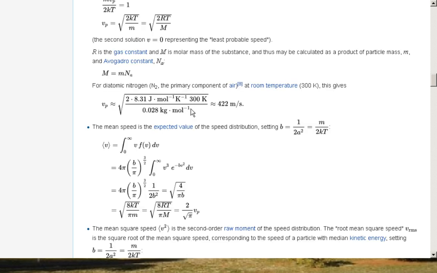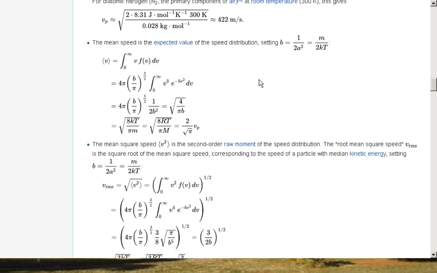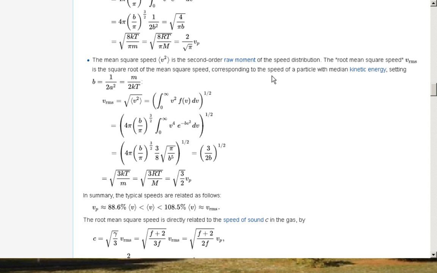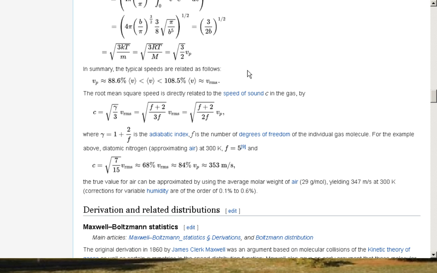See, again, they're talking about gas. That's kinetic energy of the speed of sound c in a gas.